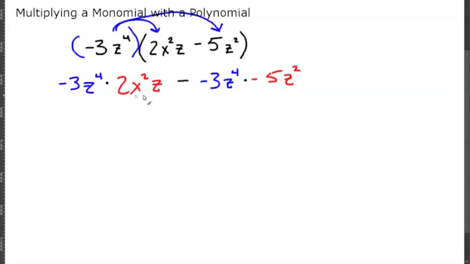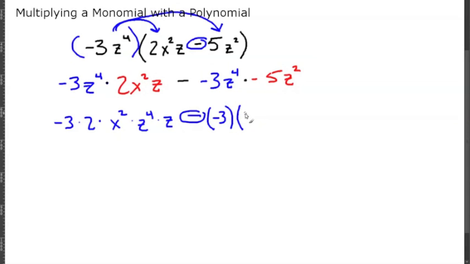So let's rearrange these so that we get the like terms next to each other. So we're going to have negative 3 times 2 times x squared times z to the fourth times z, and this is going to be minus a negative 3, and we already took care of this minus because it's right here, so that's going to be multiplied to a positive 5 z to the fourth times z squared.